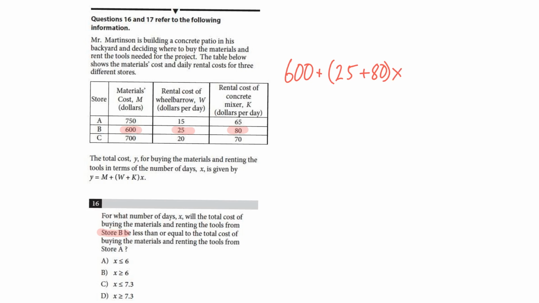Now for store A, the M is going to be 750, and the W for store A is 15, and the K for store A is 65, times X. If we simplify our top equation here, we get 600 plus 105x.